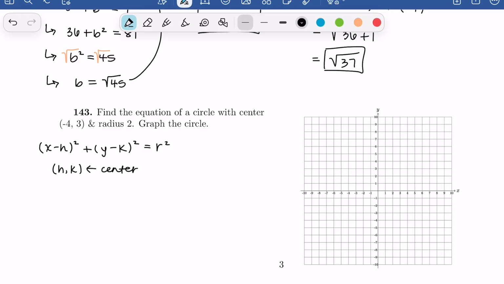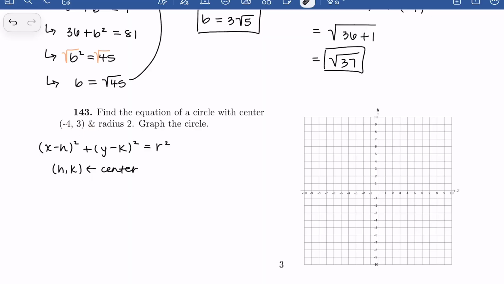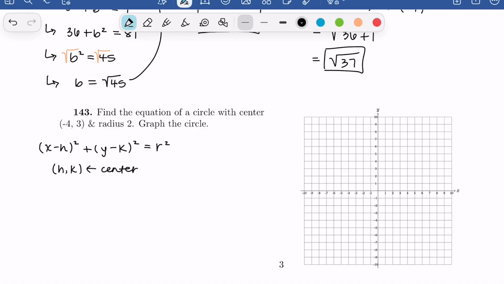Okay, so what we need to do then is just plug in our given information into the standard formula. We know the center of our circle is going to be -4 comma 3, so we're going to go ahead and plug that into our h and our k. So we're going to have x minus our h, and our h is a -4, so we have to be careful with signs here, plus y minus our k, which is a +3, is equal to our radius squared.